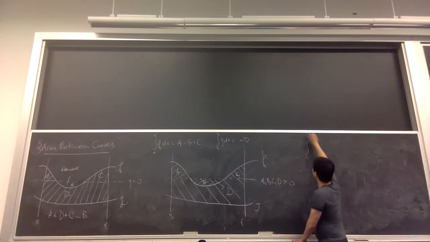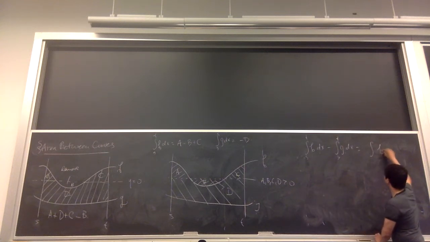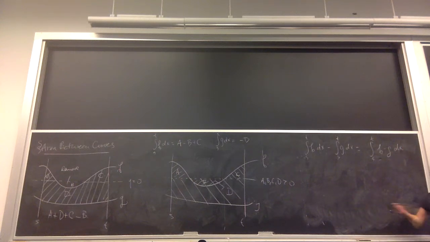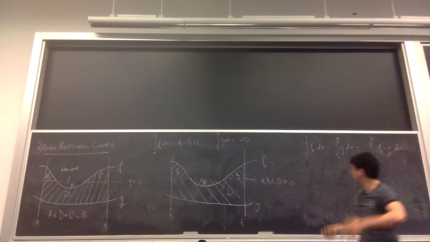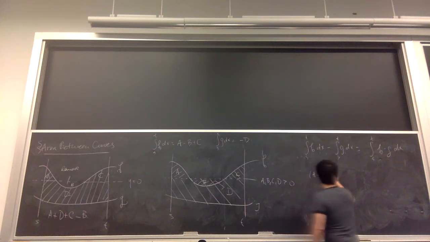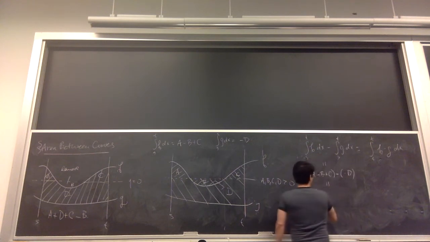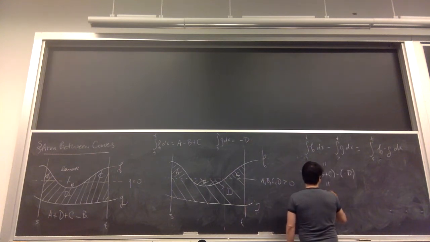The integral from S to T of F dx minus the integral of G dx from S to T, which you know, the integral has this property, that you can sort of move the sum. But what is this going to give us? This is going to give us A minus B plus C minus D, which is equal to A plus C plus D minus B.